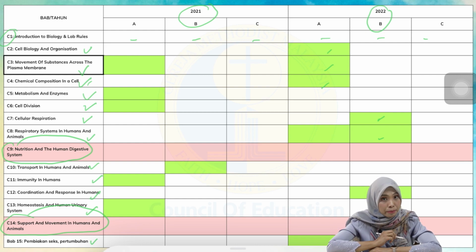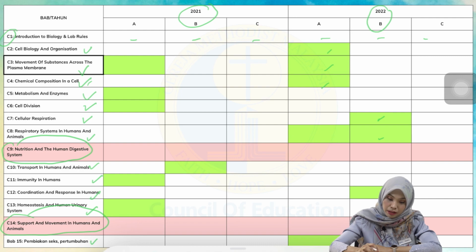And please do remember, this is my gentle reminder, a warning: whatever I highlighted in pink doesn't mean it will be tested this year in the 2023 SPM paper. We can never spot, we can never target any topics. All right, let's move on.